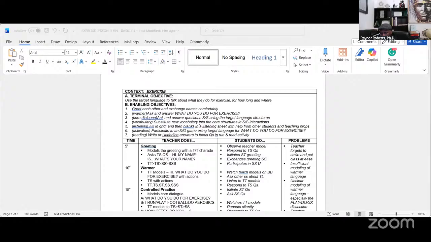Meaning, you as the teacher, you as the educator, you as the researcher, you must be able to observe that the student is doing it.